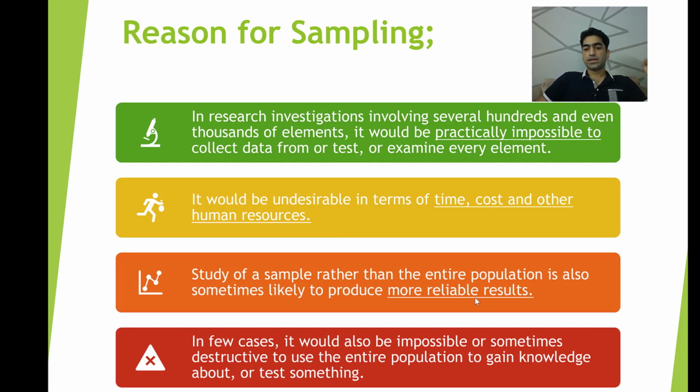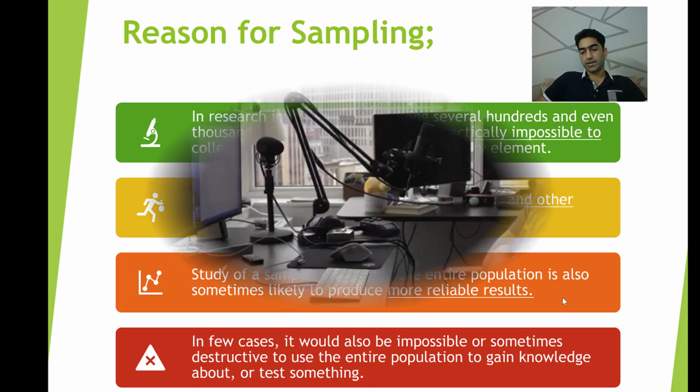Study of a sample rather than the entire population is also sometimes likely to produce more reliable results. The reason is quite obvious, because if you are going for 10,000 elements and getting the questionnaires filled by 10,000 individuals, then you'll have to punch all the data, and there can be human error or typographic mistakes.